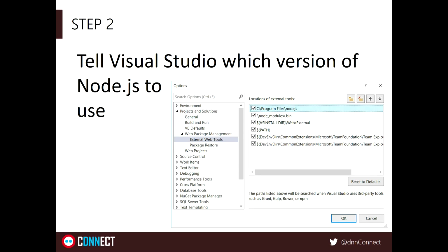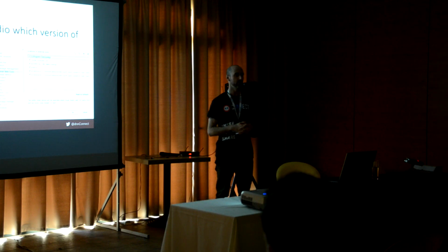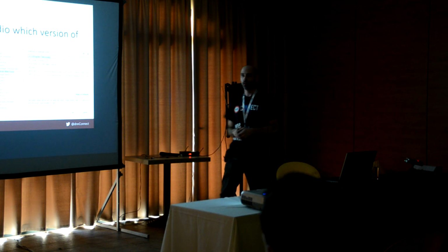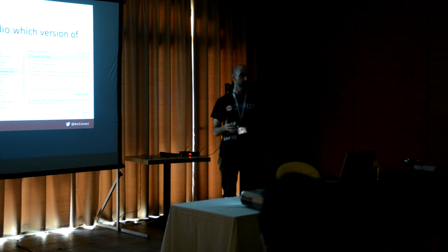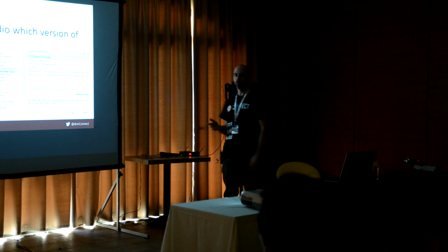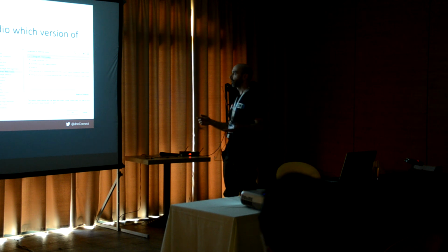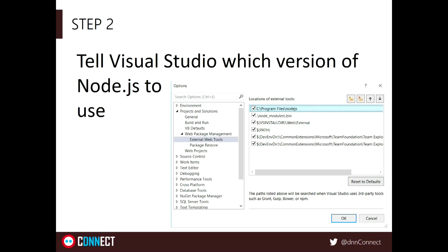And then one thing that was confusing to me is once I installed Node.js, and I think the latest version is 7.2 something, I don't know what it is, I noticed that whenever I ran Node in Visual Studio, I would get all these errors because it was running version 6. The way to get around that is, in Visual Studio, go to Tools Options.